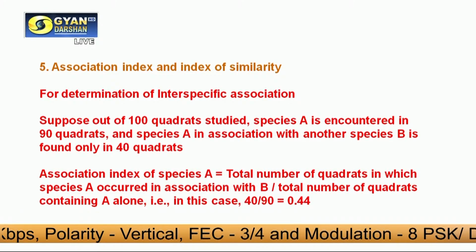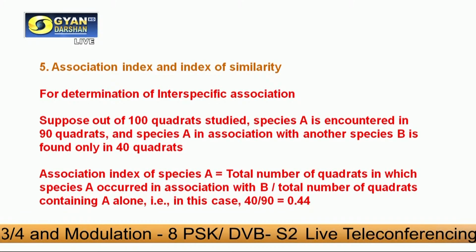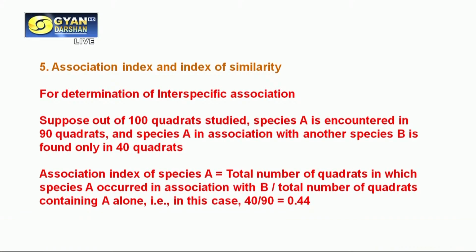So if somebody asks you what is the association index of A, then you have to use this formula: total number of quadrats in which species A occurred in association with B divided by the total number of quadrats containing A alone. Obviously it will be 40 divided by 90. So it comes to around 0.44. So in this way you can calculate the association. So association index will also give you an idea regarding whether the species is prominent or not.